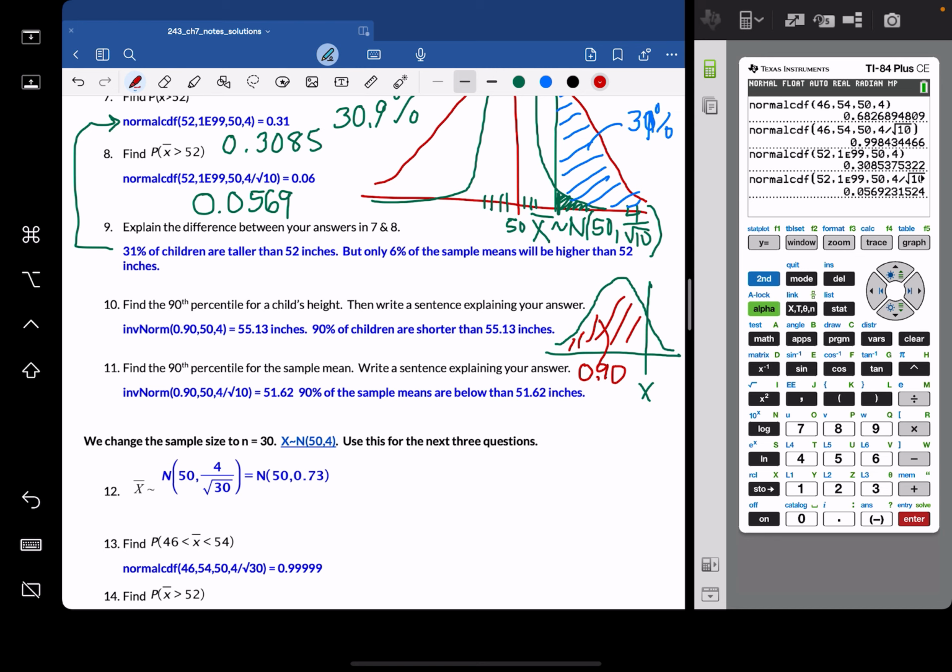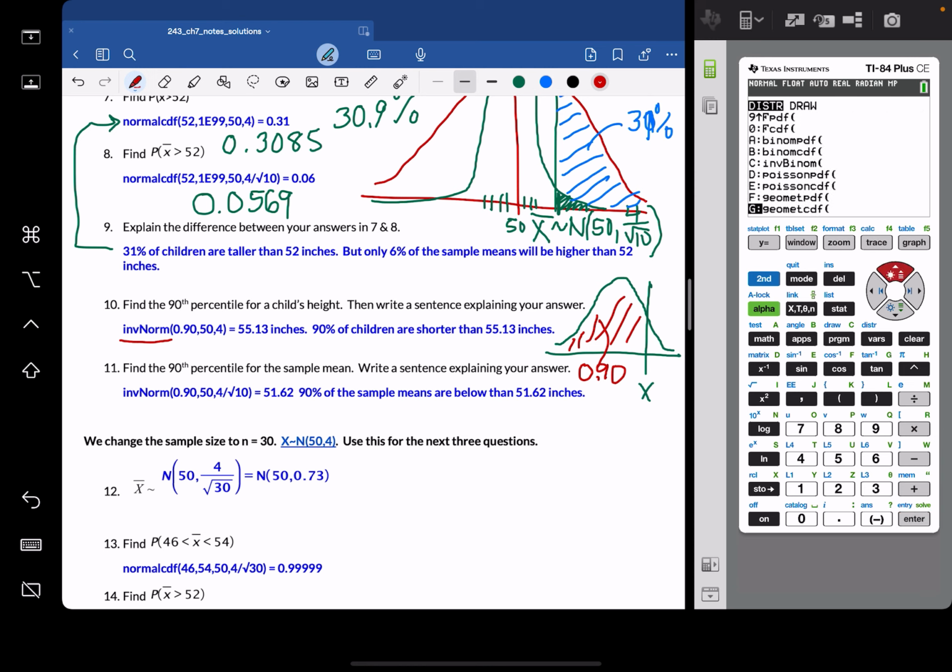And if I want to find out what X is, I use the inverse normal, and I put in 0.90, which is the area to the left, and then I give it mu and sigma. So this is what we learned last unit. Second distribution, there it is, inverse normal, enter, area 0.90, and this has the options of left, center, and right, but I'll leave it on left.